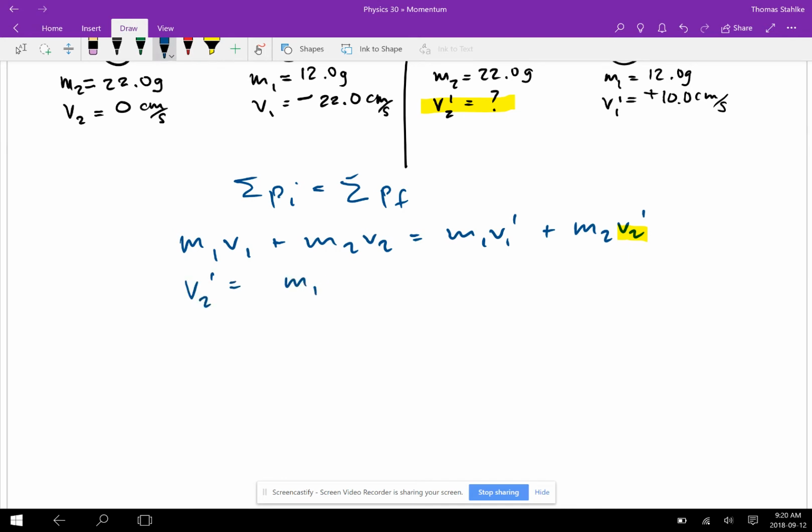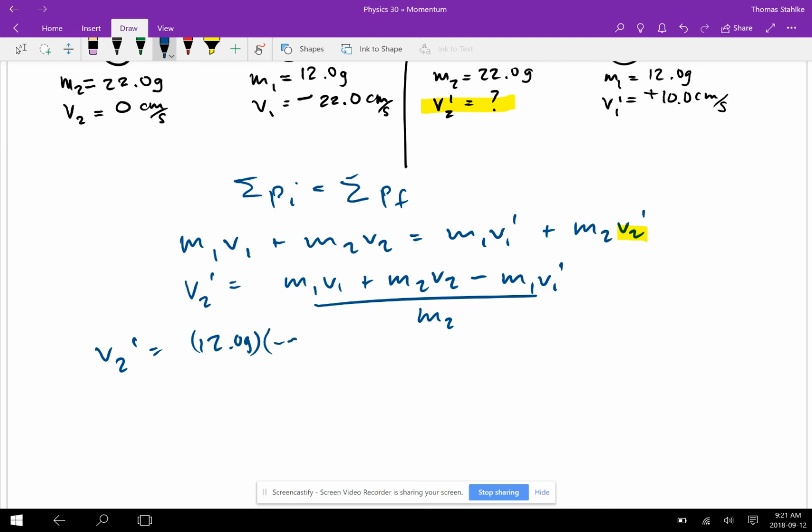So I'm just going to manipulate the equation for that velocity. So we'll go m1v1 plus m2v2 minus m1v1 prime and divide it by mass 2. So I want to substitute all of these values in here, and it's okay to leave things in grams and centimeters per second. So negative 22.0, and then I'll add that to mass 2, 22 grams, as long as we're keeping all of these units consistent.